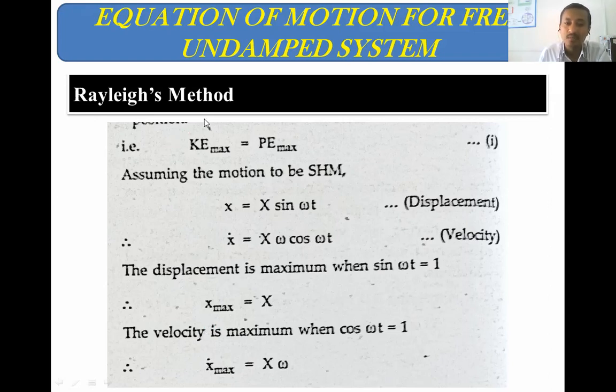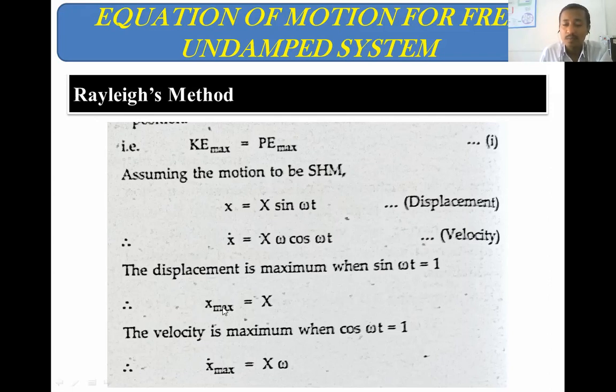Because we can get the maximum kinetic energy when velocity is maximum. एनर्जी का इक्वेशन क्या होता है? हाफ m v square. m तो constant है, कभी भी वो constant ही होता है. So maximum kinetic energy means which is at maximum velocity, and maximum potential energy means it is when displacement is maximum.